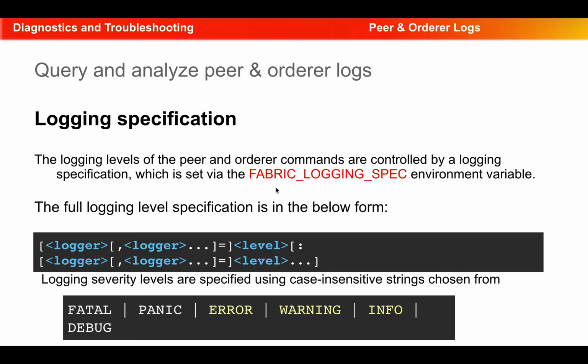So the full logging level specification looks something like this. Logging severity levels are specified using a case-sensitive string chosen from these. The level, which you can see on the right-hand side, takes these values. It can be either fatal, panic, error, warning, info, or debug.